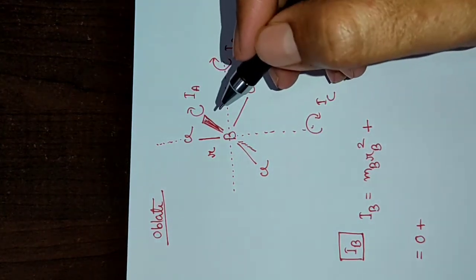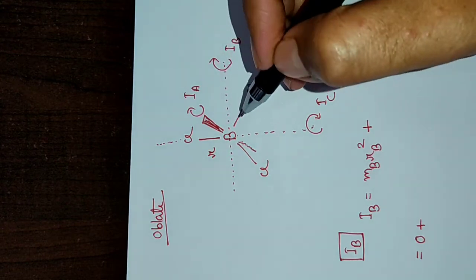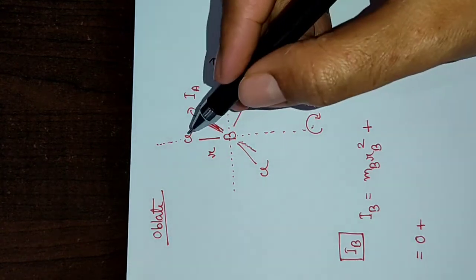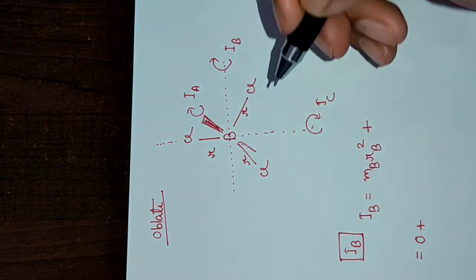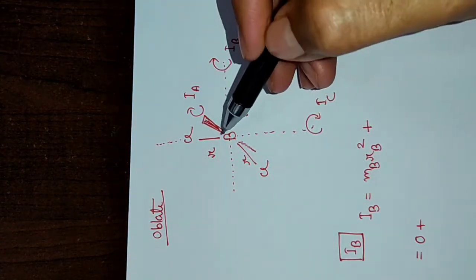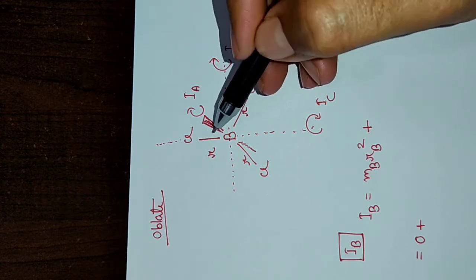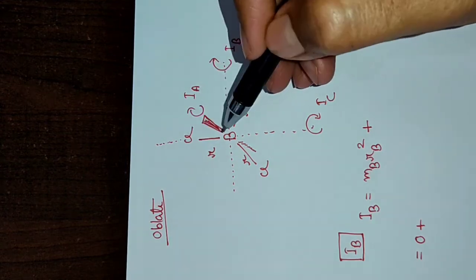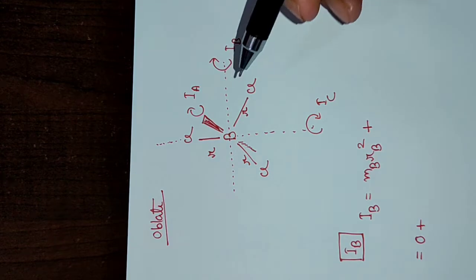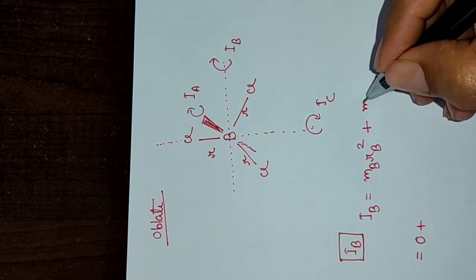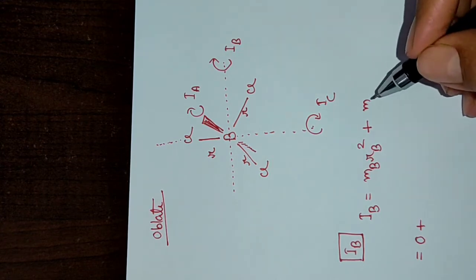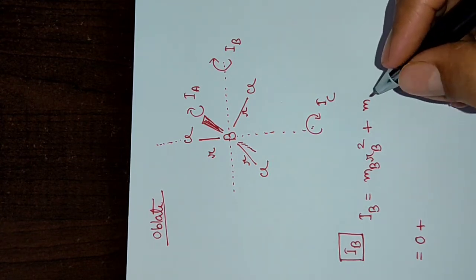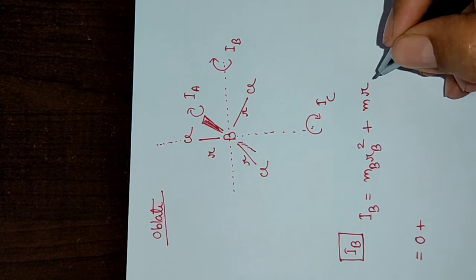R is the bond length, so the bond length BCl is considered to be r. Now since this is perpendicular, this chlorine atom is r distance away from this axis, so it will be m. Let us consider the mass of chlorine to be m, and it is r.